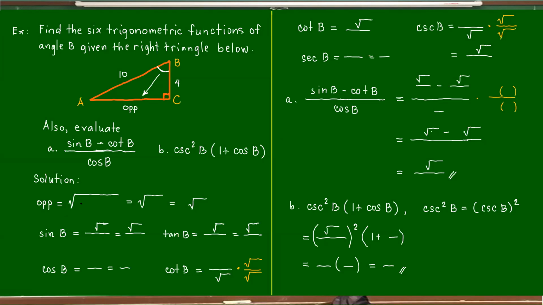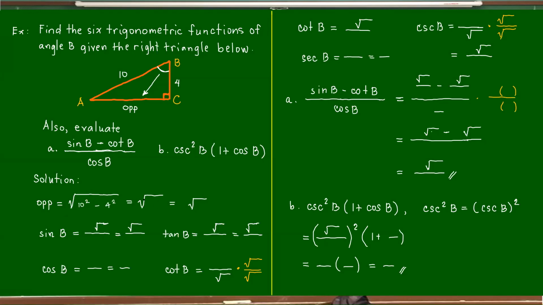So first we have to solve for the side opposite to angle B. So what is the opposite side to angle B? That is hypotenuse squared minus 4 squared.